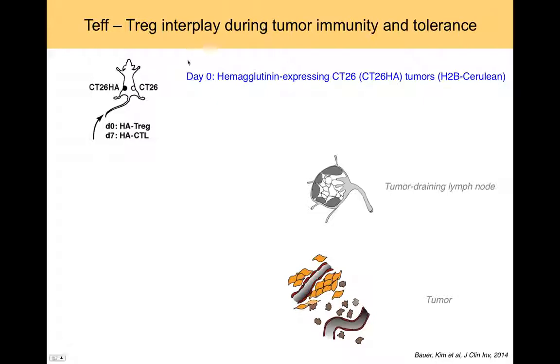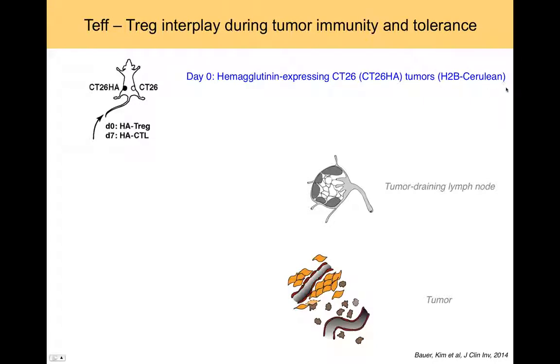And the model system that we use for this is that we take mice, regular BALB/c or black 6 mice, inbred mice, and we implant those with tumor cell lines. In this case, this is an epithelial tumor, CT26, that is genetically engineered to express a surrogate antigen, hemagglutinin. This is actually influenza hemagglutinin, but in our case, this serves as a surrogate tumor antigen.